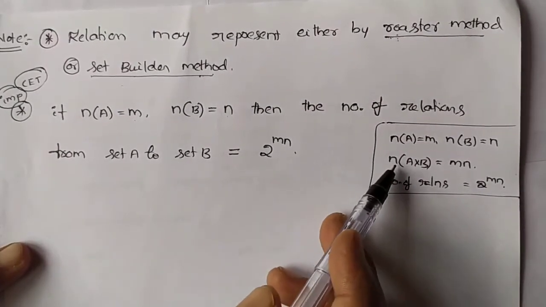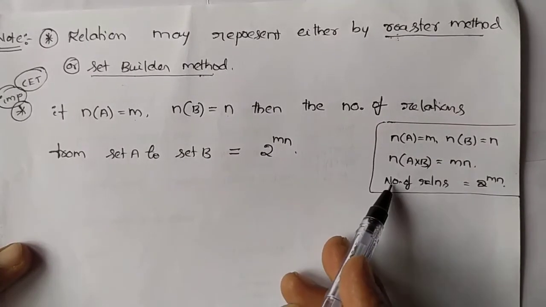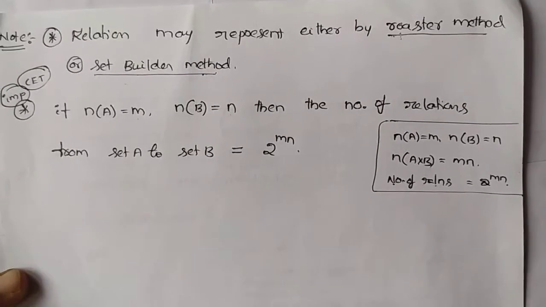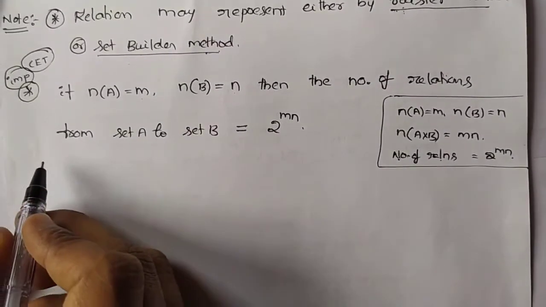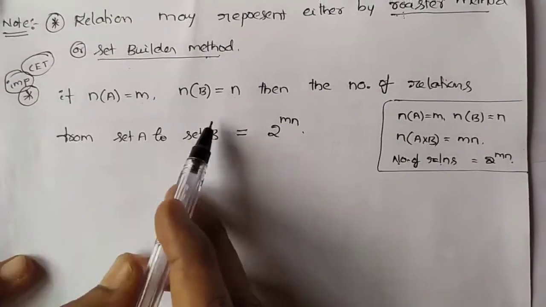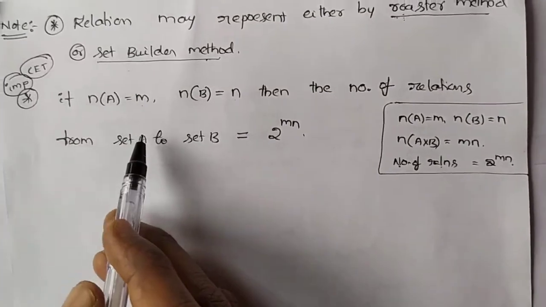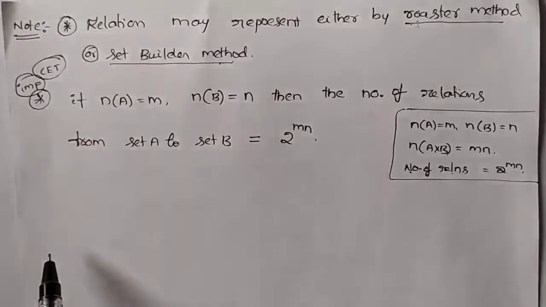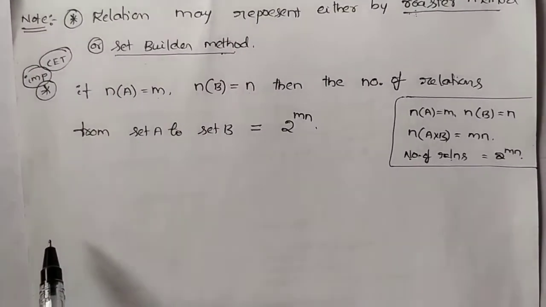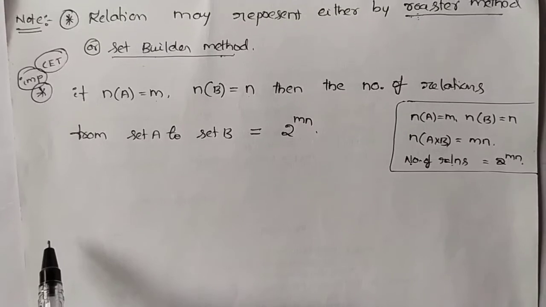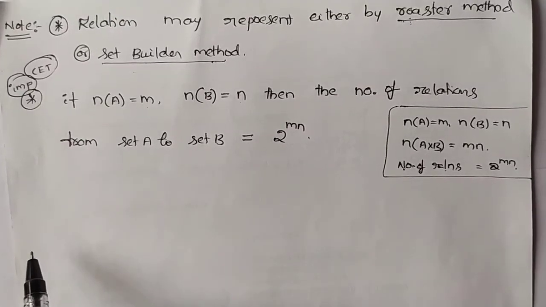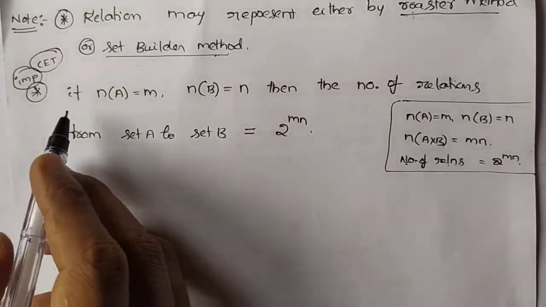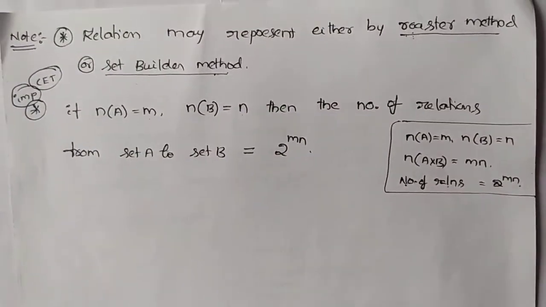Kindly do not confuse: it is the number of elements in A cross B that is m into n, and the number of relations is 2 power m into n. Understand? Based on these note points, we will solve problems after the discussion of domain, codomain and range of a relation. These are the two note points. Kindly note down in your notebook.